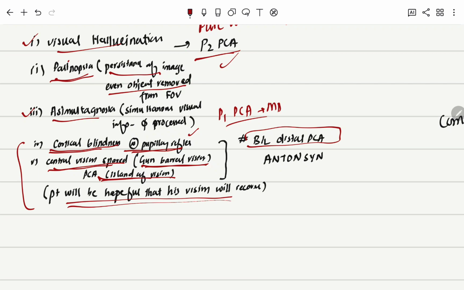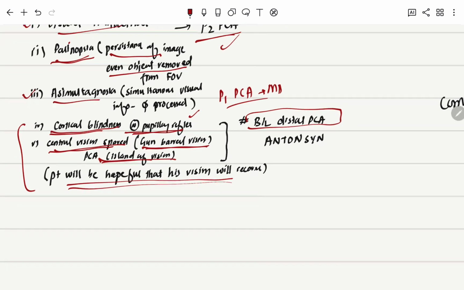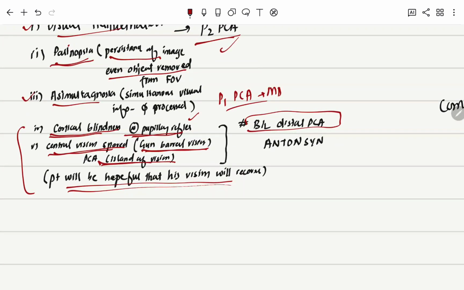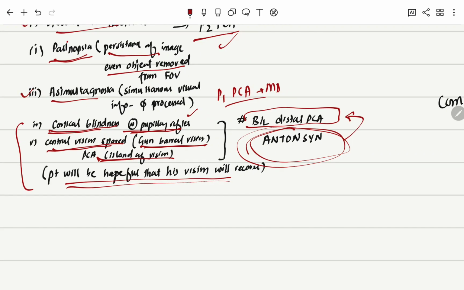This is called Anton syndrome, seen with blockage of the bilateral distal posterior cerebral artery.